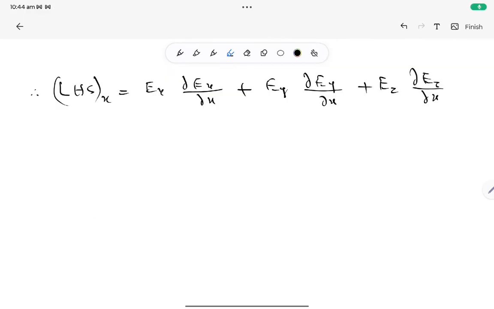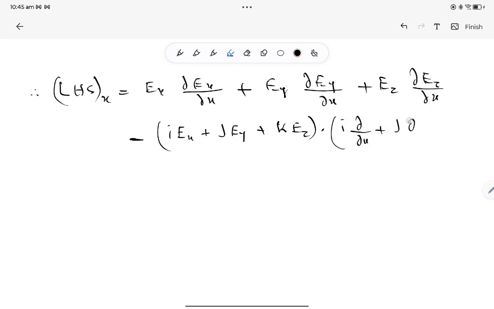Now let us handle the second part, that is minus E dot del. E dot del, as you know, is i ex plus j ey plus k ez dot del. Del is i del by del x plus j del by del y plus k del by del z.